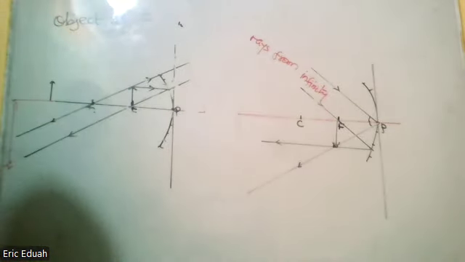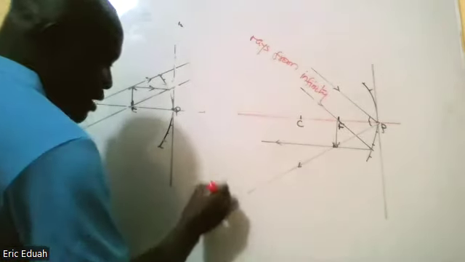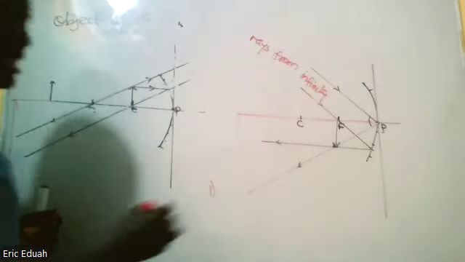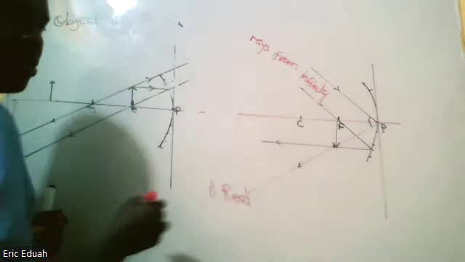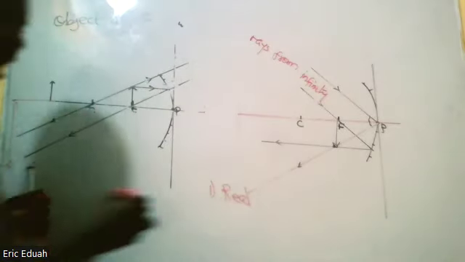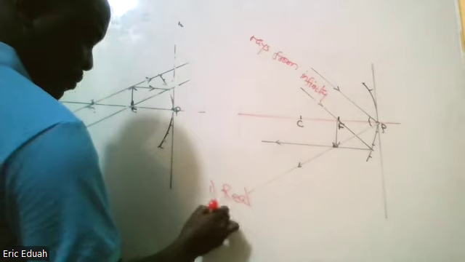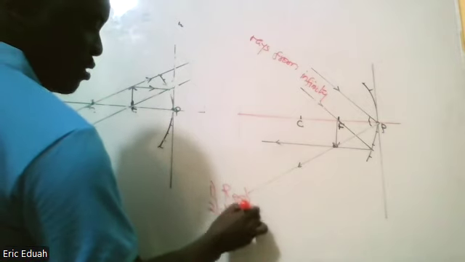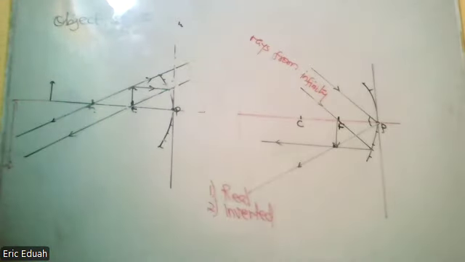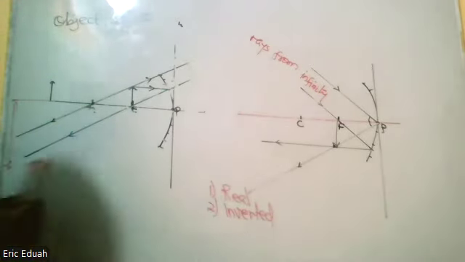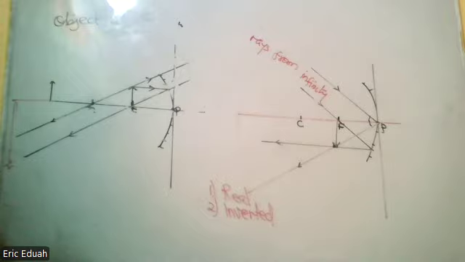Let's describe the nature of this image. One, image formed is real. All real images are inverted. Now, this image is diminished.